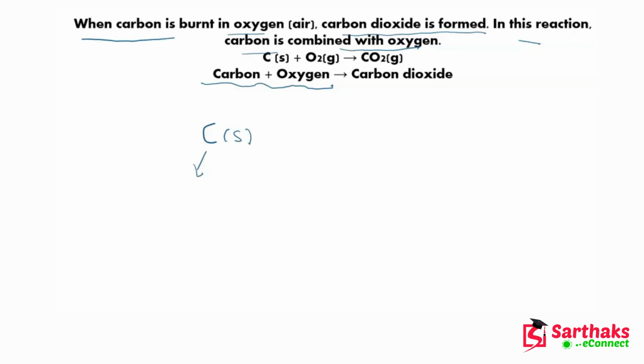So it might be charcoal. It is charcoal, and in this charcoal carbon is present, so this carbon is reacting with oxygen. And how will I write oxygen? I will write oxygen by its chemical formula, and that is O2.